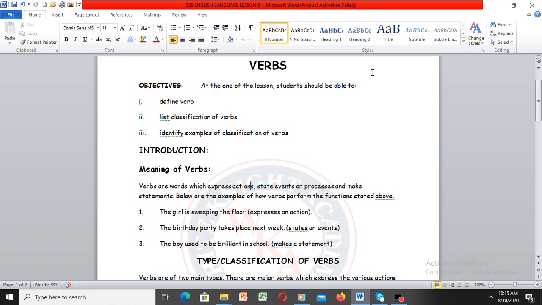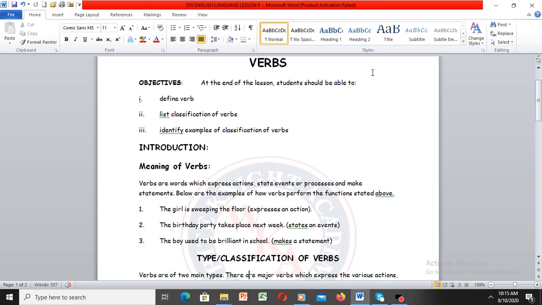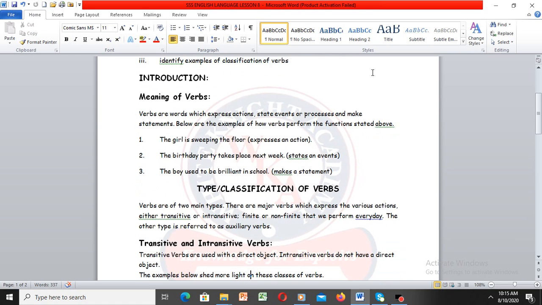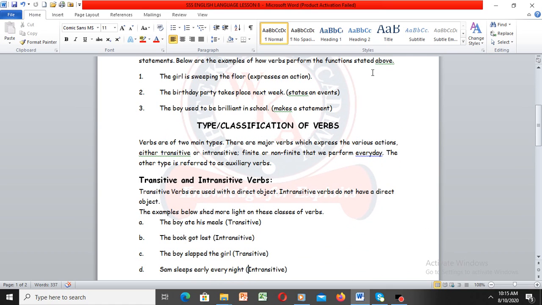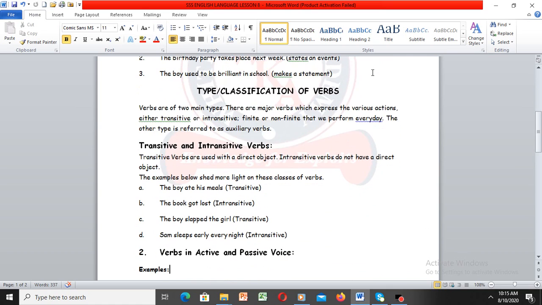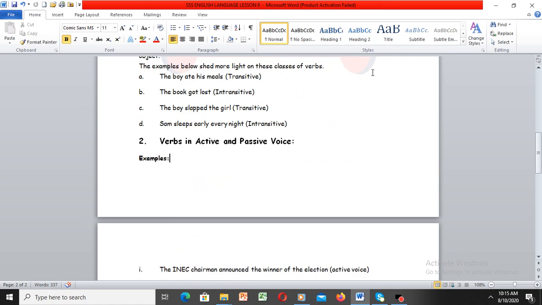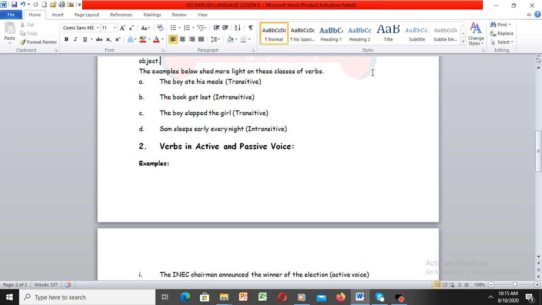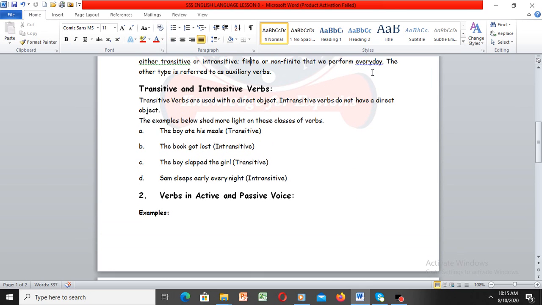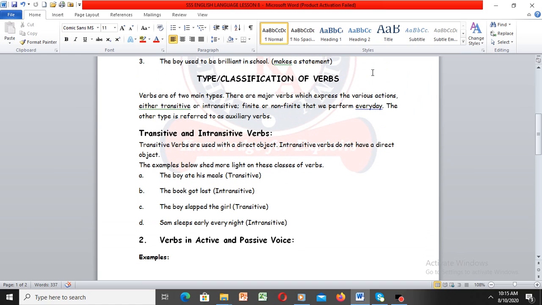Alright. Let's look at types and classification of verbs. Verbs are of two main types.